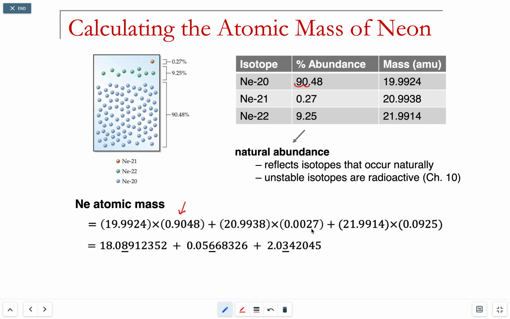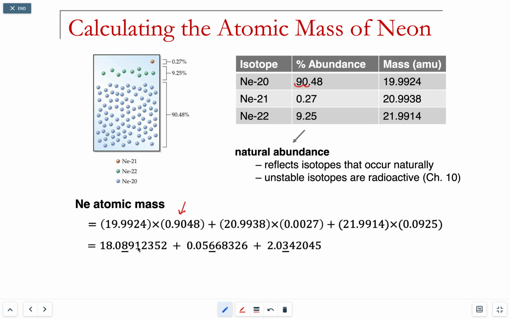Here, we only have 2 significant figures, so this limits this value to 2 significant figures there. And then finally, this one, we have 3 significant figures here. Again, we have 6, so this limits how many significant figures we need to report in our final answer here. But again, we don't round yet. Okay, we just identify where the uncertainty is.